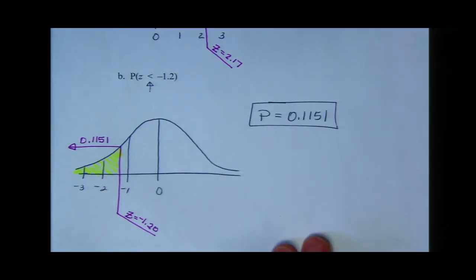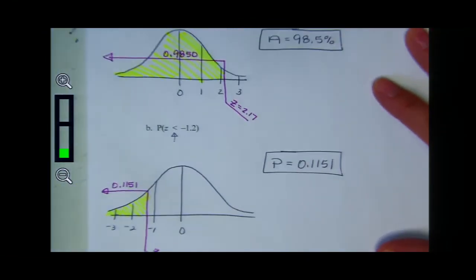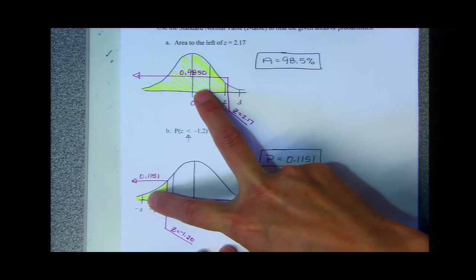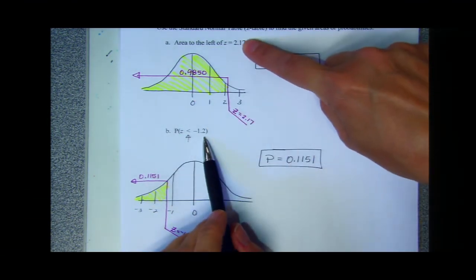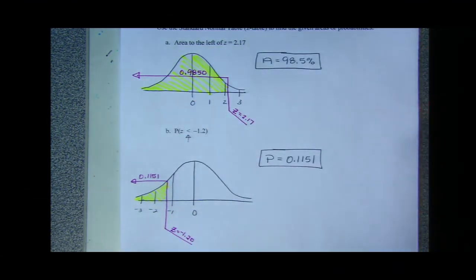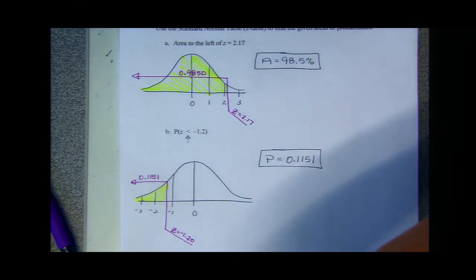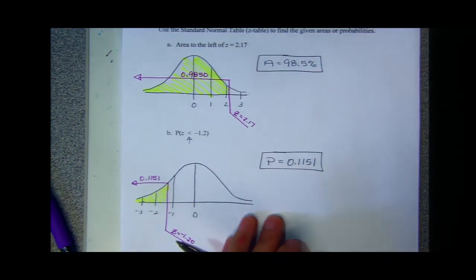Now, we have a left-tailed table. Both of these examples we're shading to the left, so all we had to do is locate the z value on the table and just read the value off of the table. Now, what happens is we don't always shade to the left. So we have to look at what happens when we shade in a different direction.